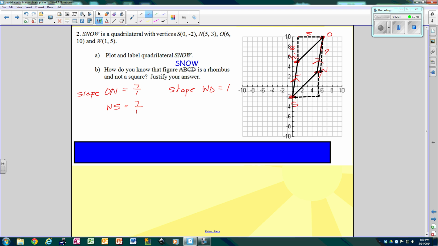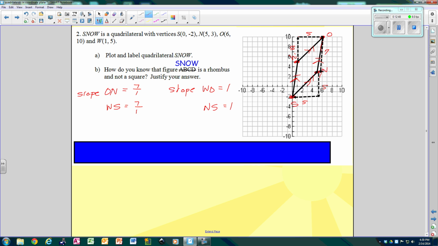1, 2, 3, 4, 5. We went down 5, and over 5. So the slope of NS is also 1. All right, so now I know that this side is parallel to this side, and it's also congruent.